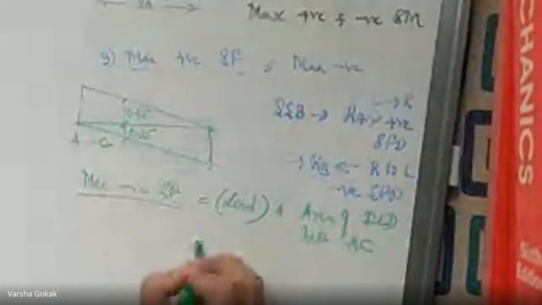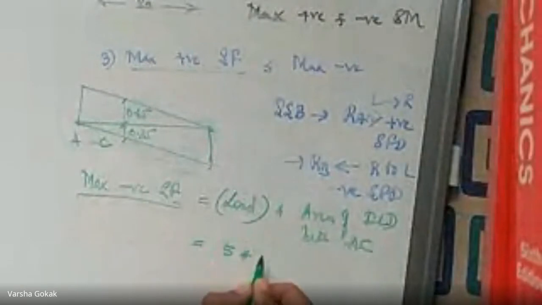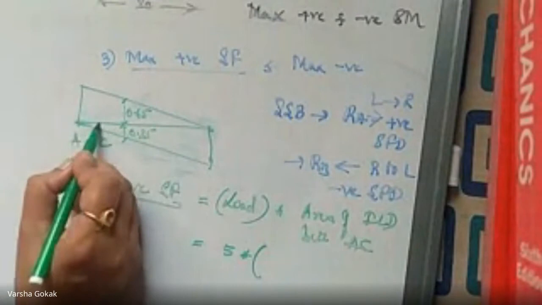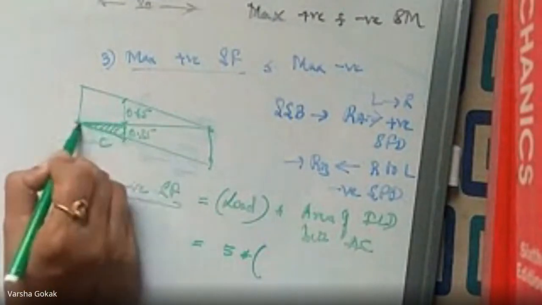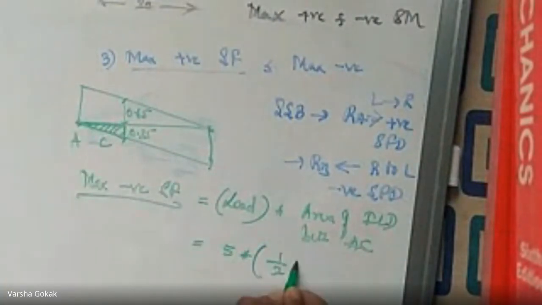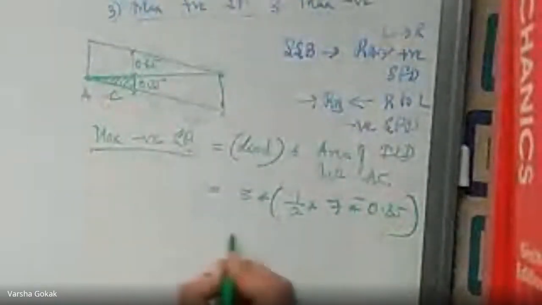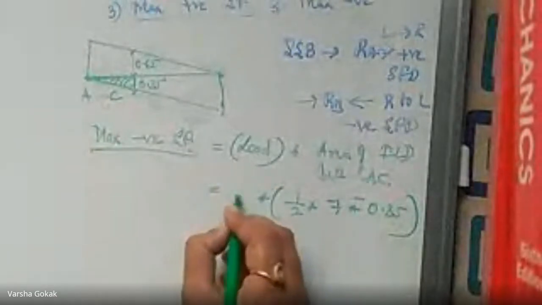Substitute 50 into A to C. Negative is what? This area. What is this triangle? A triangle, so I'll have half. Base is going to be 7, height is going to be 0.35. Substitute with the negative sign for 0.35 because it is going into negative. This is not 5, this is 50, sorry. What is this value?